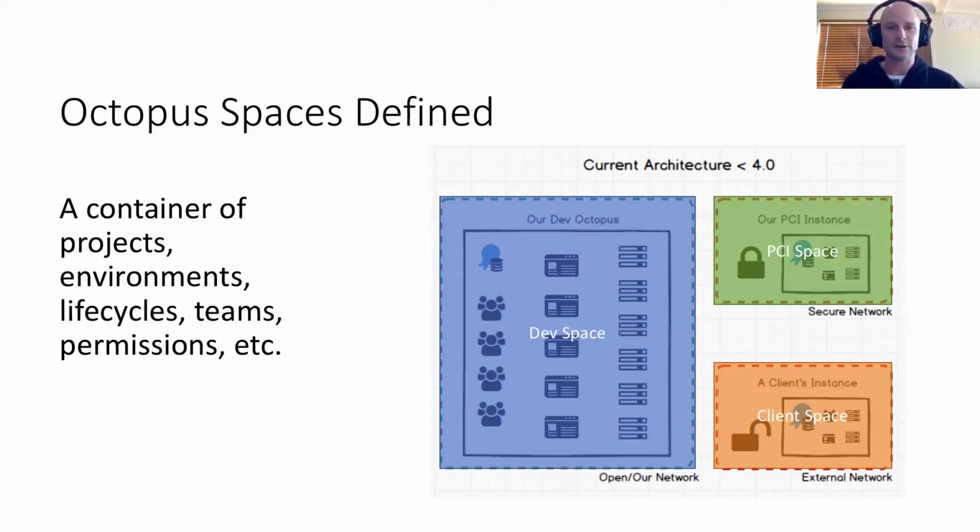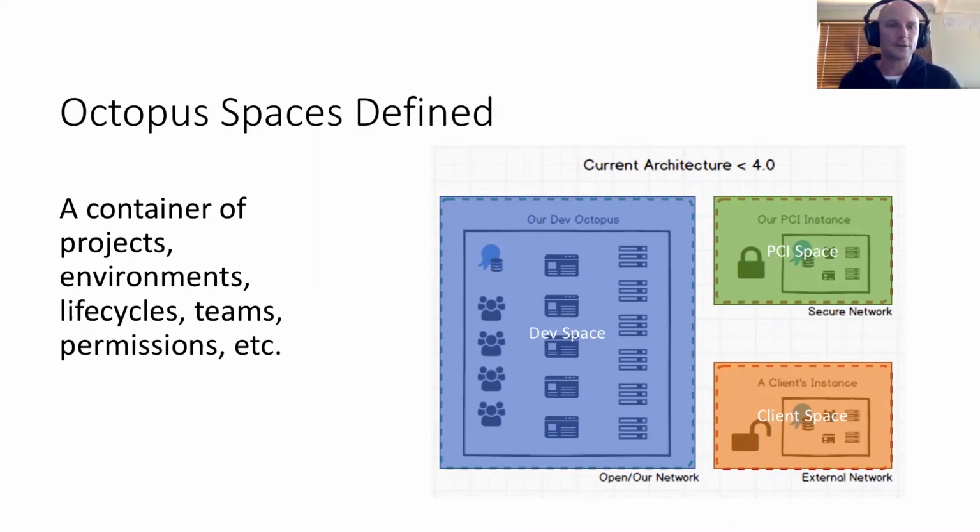If we look at that architecture diagram I showed earlier, you've got that blue space, which is what you might call dev space, then the green area is the PCI space, and the orange area could be the client space. They're all three different logical sets of servers backed by a database, but the name we're starting to give that is a space within Octopus. They act as security boundaries, but they're also containers for the other things in Octopus, like projects.